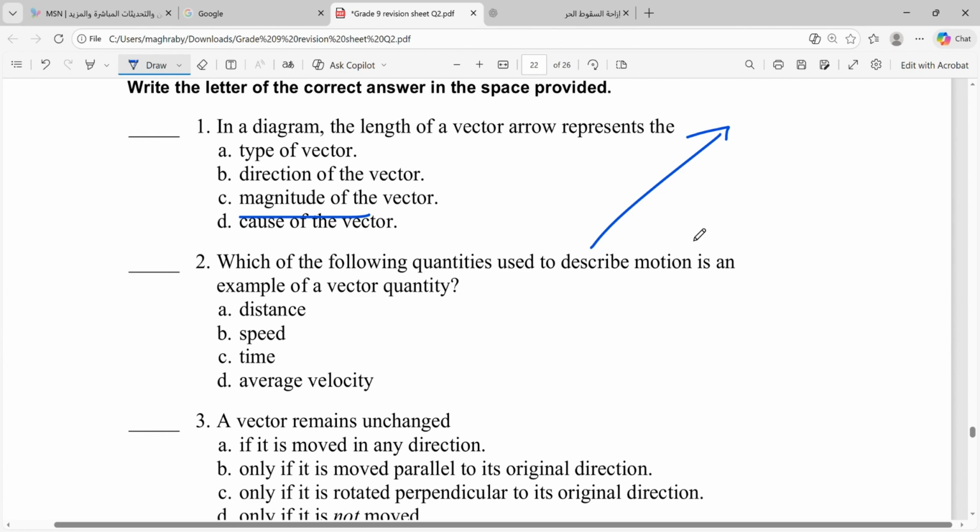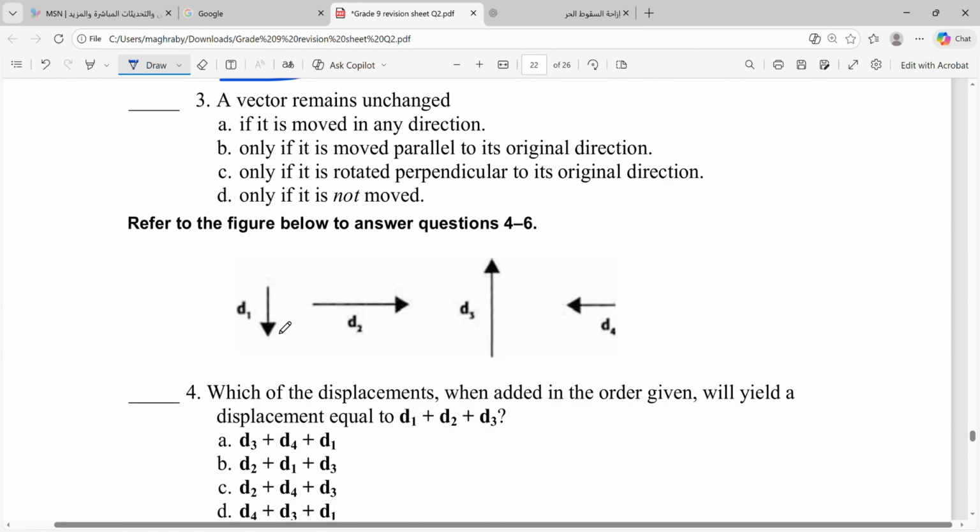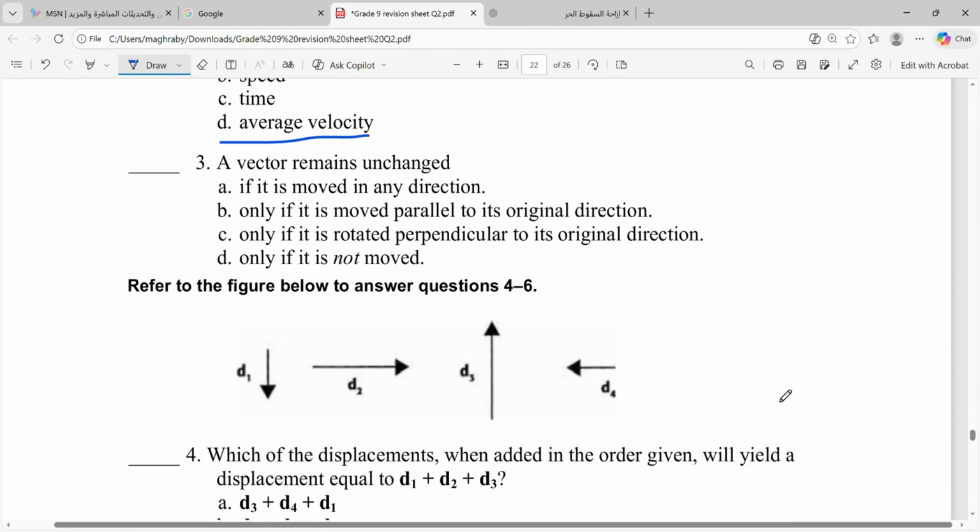Before I go to number 2, here if the length was 10, so the magnitude is 10, and this one with higher length, so the magnitude should be higher. It's 12 or 15. So the next one, which of the following quantities is used to describe motion? We want a vector quantity. The average velocity is a vector. Next one, a vector remains unchanged when it moves parallel.